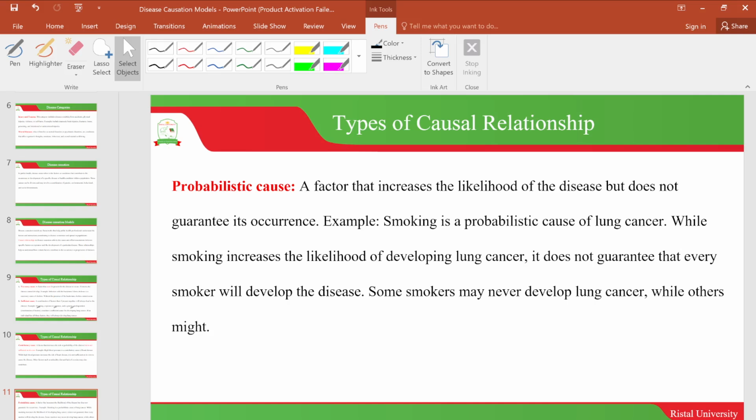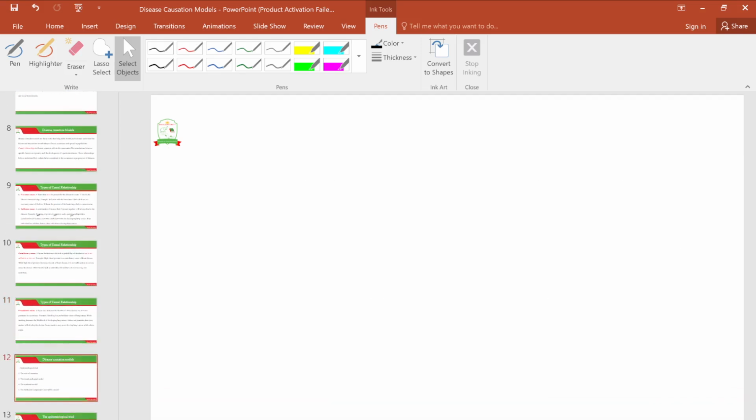So we are saying that smoking increases the risk of getting lung cancer, but it alone may not really cause lung cancer. That's why you have individuals who have been smokers and actually heavy smokers, but they do not have lung cancer. Smoking does not guarantee that you get lung cancer, but it contributes to the risk of you getting lung cancer. Okay, so that is very important to note.